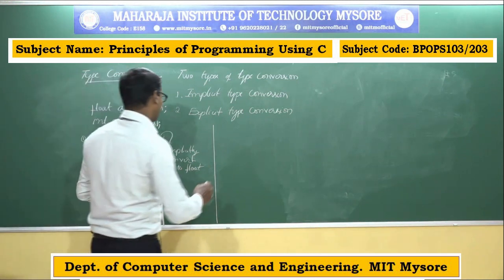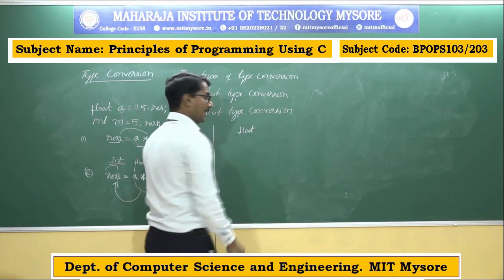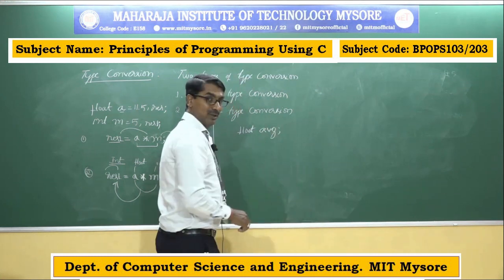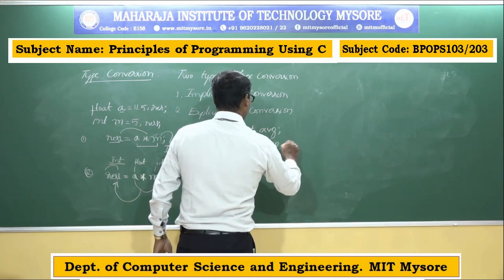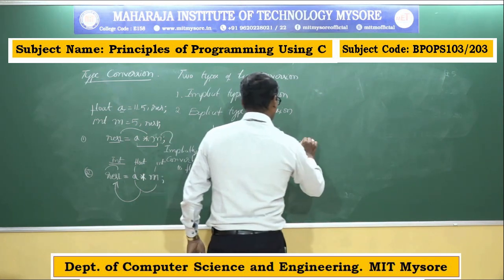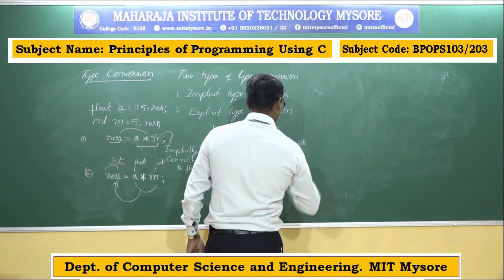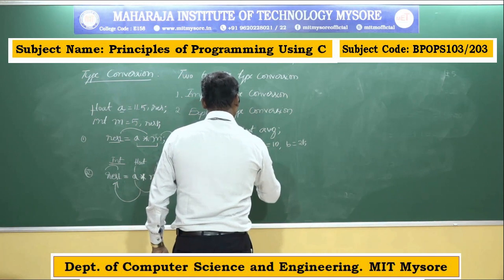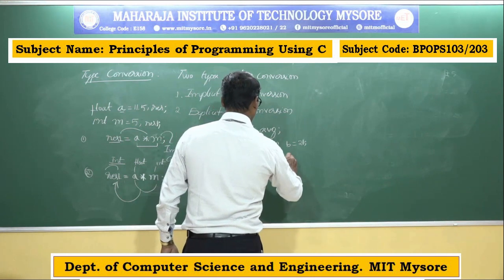Next, consider one more expression. I will consider the variables float avg, int a is equal to 10, b is equal to 21. Now avg is equal to a plus b divided by 2.